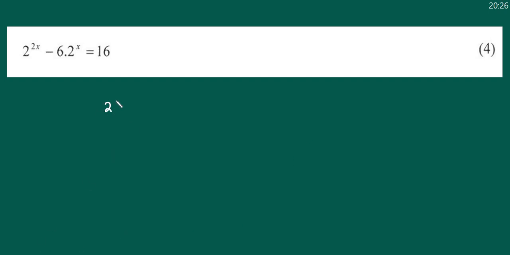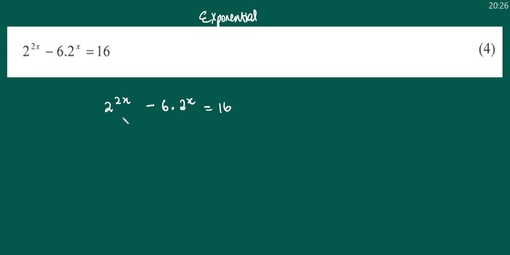First of all, you need to write it like this, just rewriting it, and then you can check whether this is going to be one of those quadratic type of exponential equations.